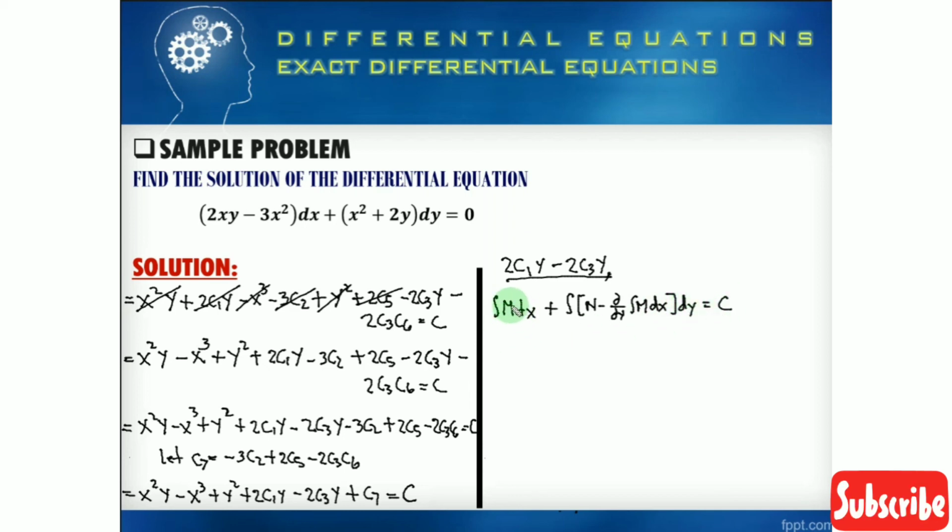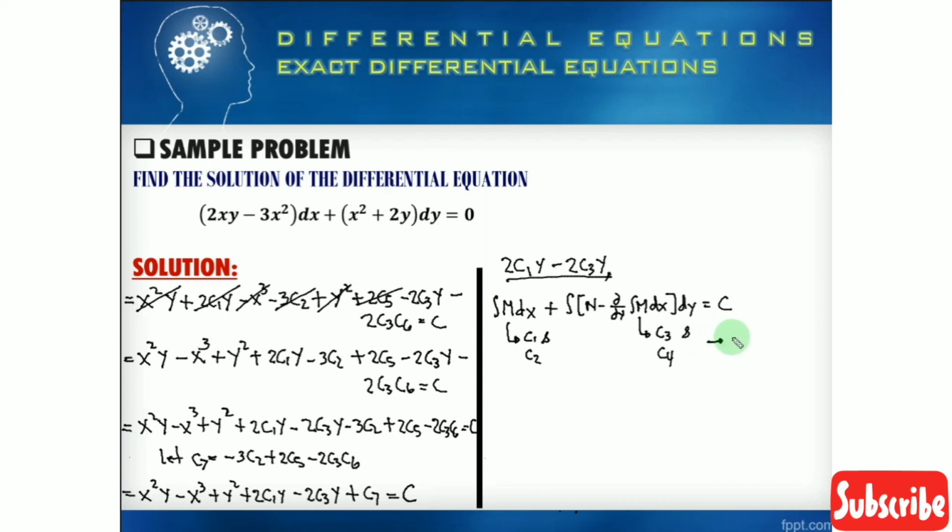Upon solving our integral of mdx, our constants involved here are c1 and c2, okay. And upon integrating and solving this integral of mdx again, our constants involved there are c3 and c4, okay. So still we have the same integral of mdx, but we just assign c1 and c2 here since this is the first integration. And during our second integration in this term, we assign c3 and c4.